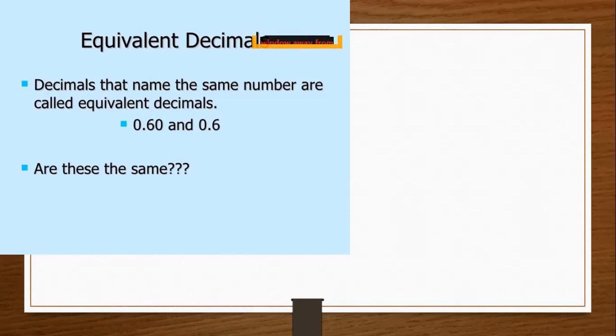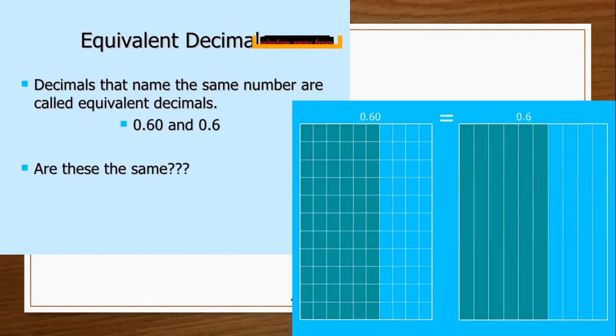I just need to represent them using this chart. We have here two similar rectangles. They are similar in size. The first one is divided into 100 equal parts, and we colored 60 parts. The second one is divided into 10 equal parts, and we colored 6 parts.